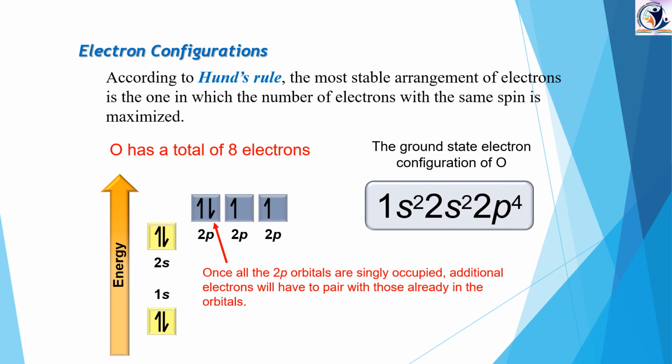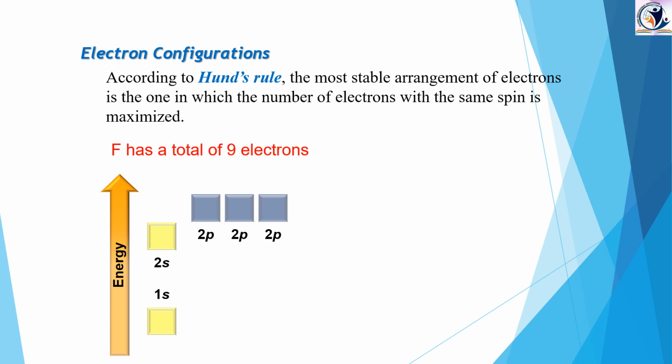And then Hund's rule says that in the degenerate orbitals, it should be filled with all the positive spins first, and then after completely filling the degenerate orbitals with the positive spin, it should pair with the negative spin. These are the 3 rules we have discussed till now. We are seeing the examples too. Okay, now let's go for the next one.